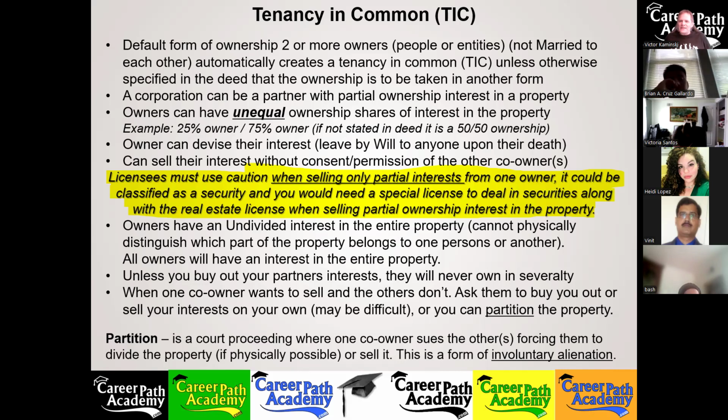You cause somebody to lose money, especially if they're not familiar with dealing in real estate as a security, and you did not sell those securities properly, disclosing to them not just the upsides, but also the possible risks involved in dealing in securities and real estate as that security, you may be breaking the law. So just be aware of that.